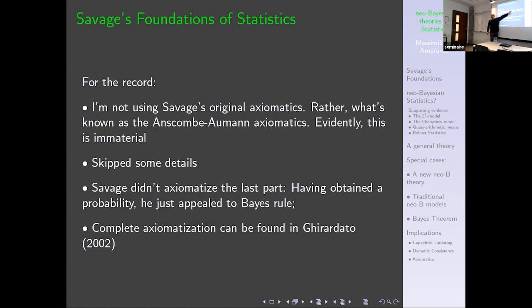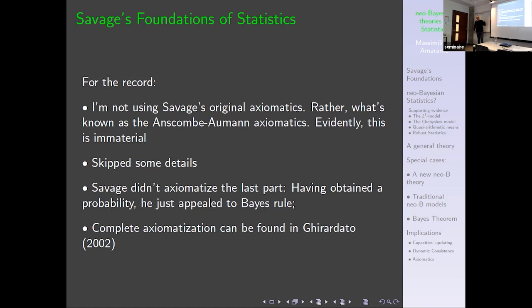Okay, just in case the police is going to come after me: I am not using Savage's original axiomatic, as I said this morning. I'm using Anscombe's now because I think it's more transparent. Conceptually, the type of axiomatic that you use is immaterial as long as you map in the first place. Skip some details, not even that much, really. If you look at Savage's book, Savage introduces only the unconditional axioms, and then assumes Bayes rule.